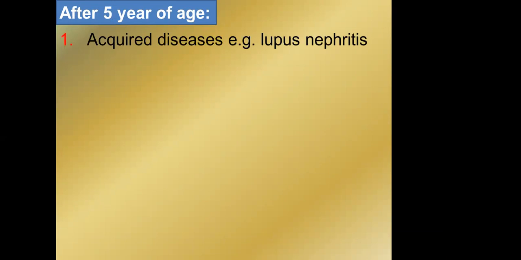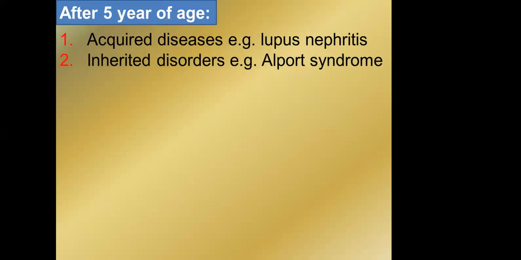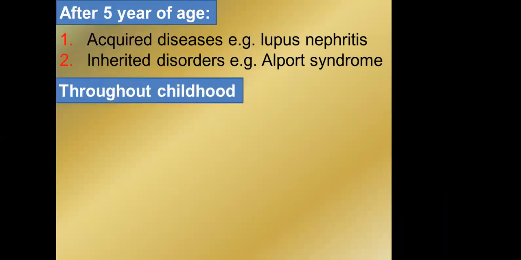In children below 5 years, the most common cause is congenital abnormalities, while in children after 5 years of age, we have acquired disease, for example lupus nephritis, SLE, or inherited disorder, for example Alport syndrome.